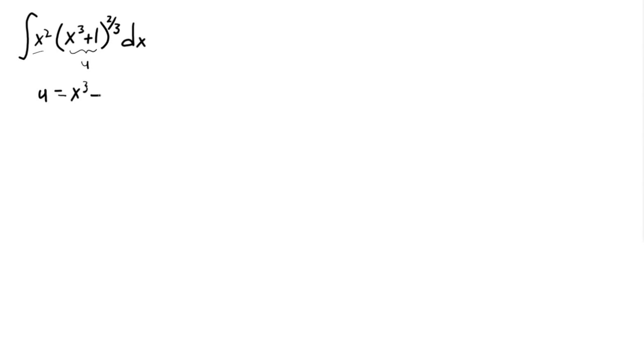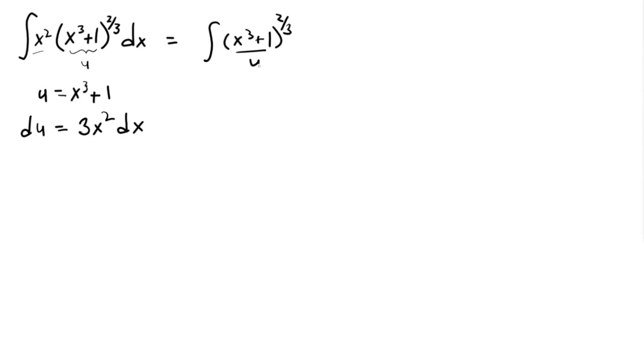So if I do my u substitution, u equals x to the 3rd plus 1, and I take the derivative, which would be 3x squared dx. Well, I'm really close, right? Because what do I have here? I've got the antiderivative. I've got my u part, the x to the third plus 1 to the 2/3.